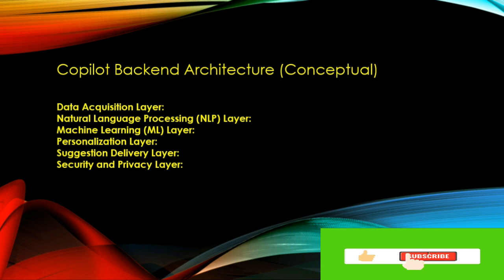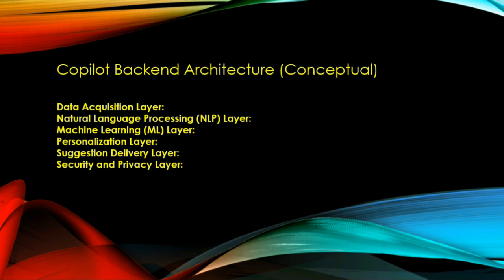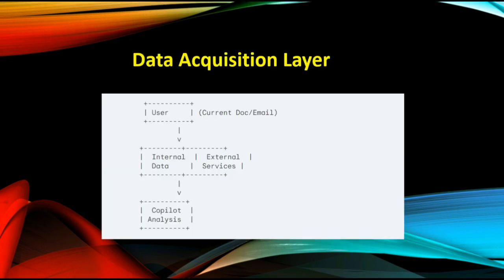Copilot backend architecture, conceptual. Imagine Copilot as a layered system with several key components working together to provide intelligent suggestions within your Office 365 applications. Data acquisition layer. This layer interacts with various data sources to provide Copilot with the information it needs to analyze and generate suggestions.